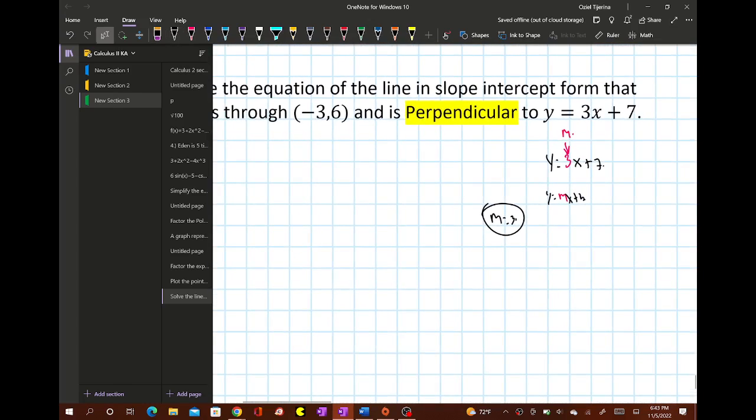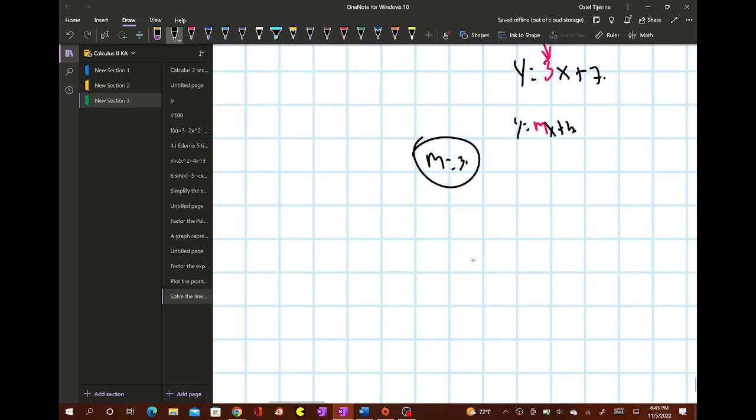However, it says perpendicular to this. So, like I said, if you have a slope of the form a over b, then the perpendicular slope will be negative b over a, okay?